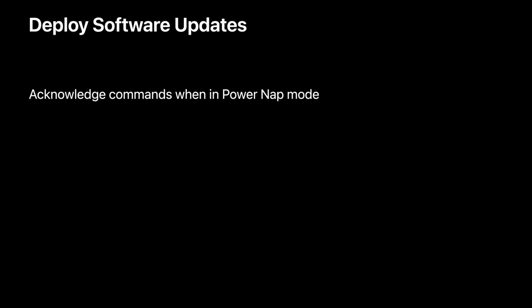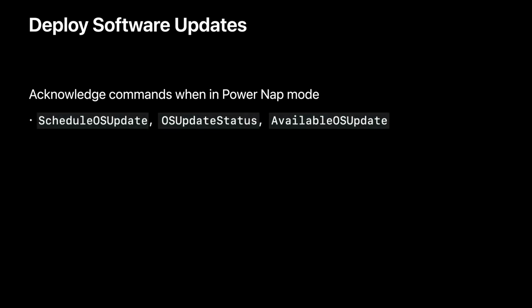Historically, all OS update commands would return a Not Now when sent while in PowerNap mode. To ensure a more consistent and robust OS update deployment process, the device will now acknowledge and respond to Schedule OS Update, OS Update Status, and Available OS Updates commands, even when the device is asleep or in PowerNap mode.